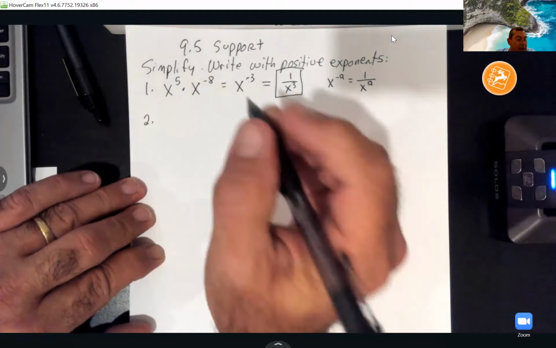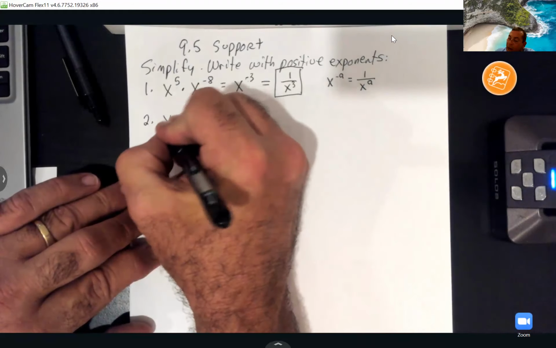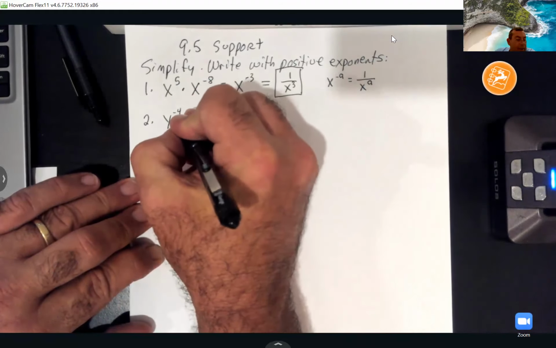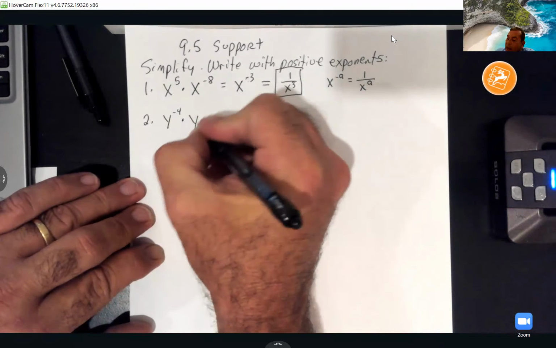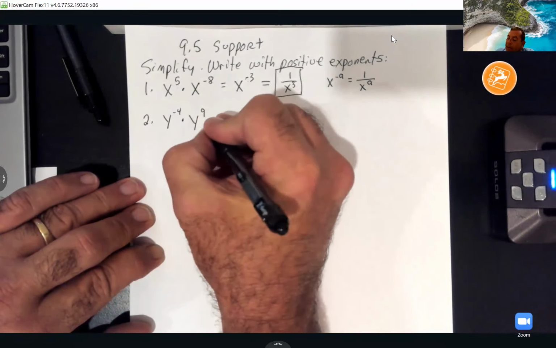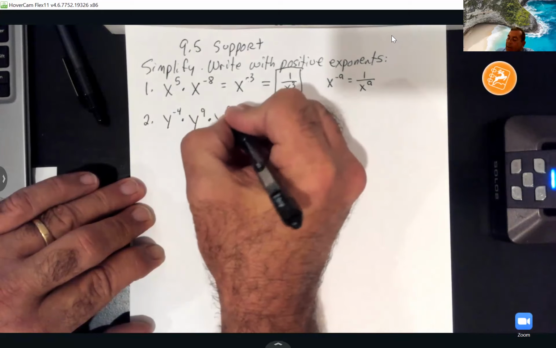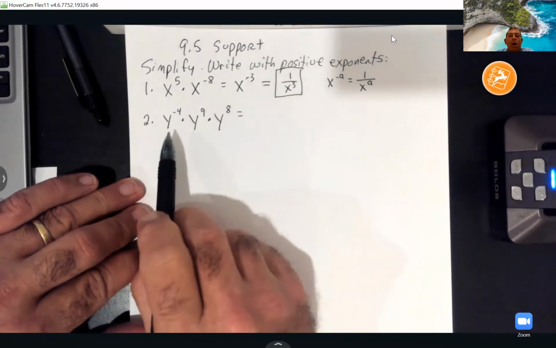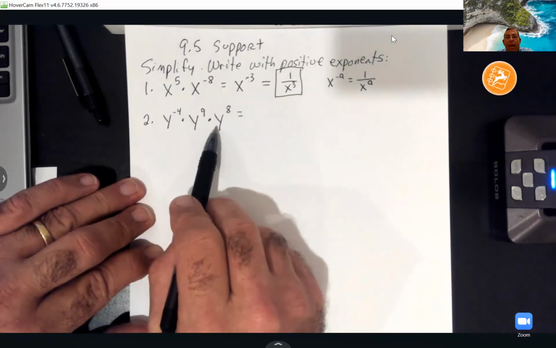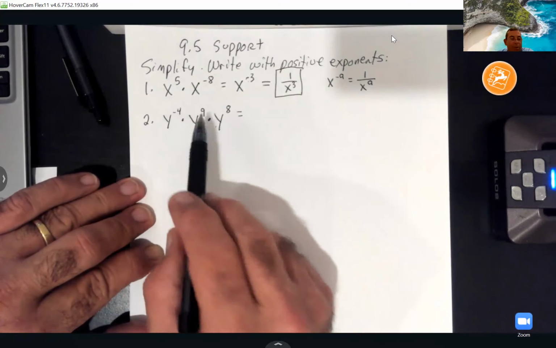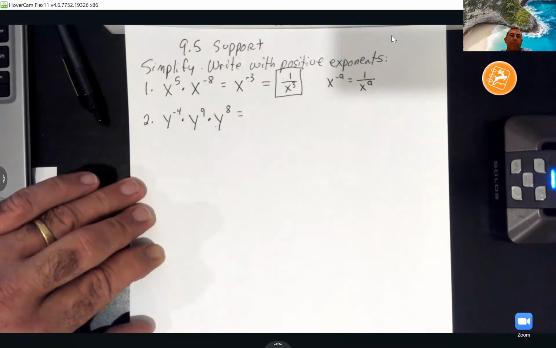All right, y'all, the second one, try this one. Y to the negative 4 times y to the 9 times y to the 8. All these y's are being multiplied. What am I going to do with these exponents? Add them.